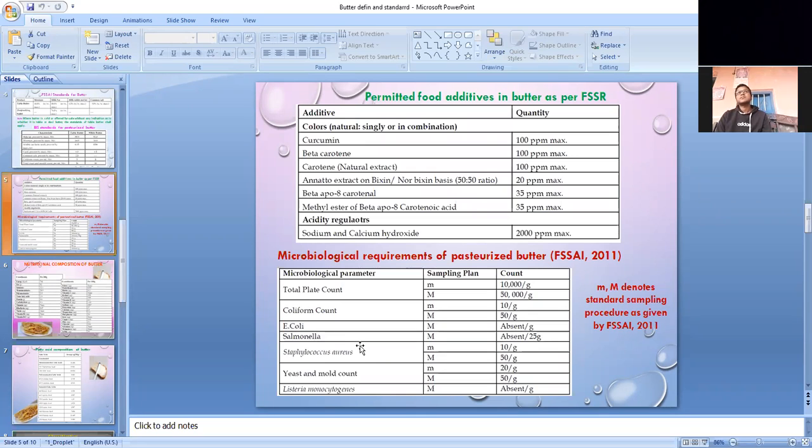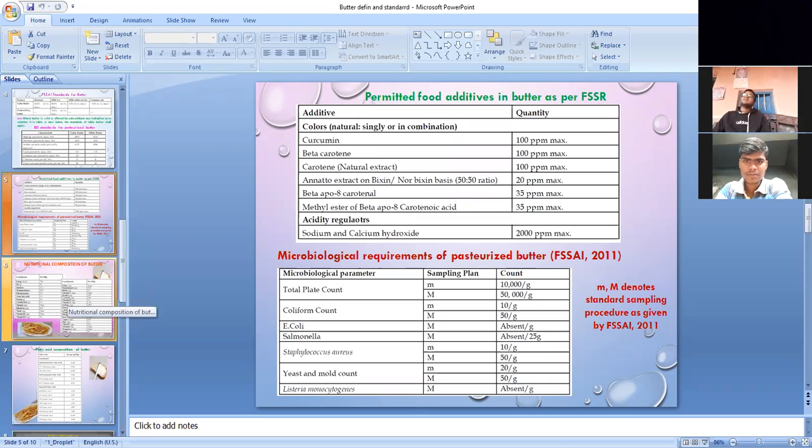That is why we recommend that the egg should be properly cooked, that means boiled or fried before consumption, so that the salmonella can be destroyed. So these are the aspects fixed by the FSSAI so far as the microbial quality of pasteurized butter is concerned.